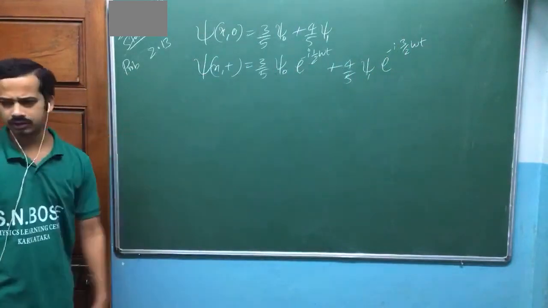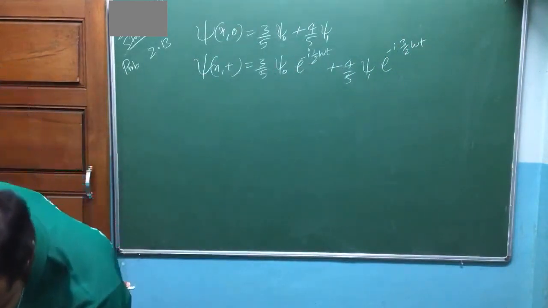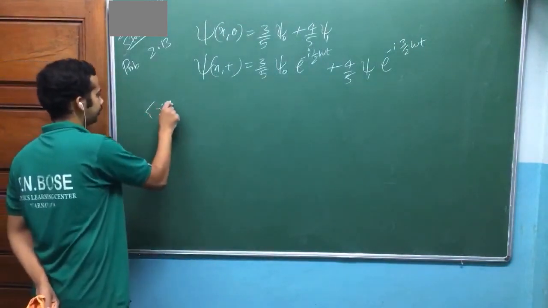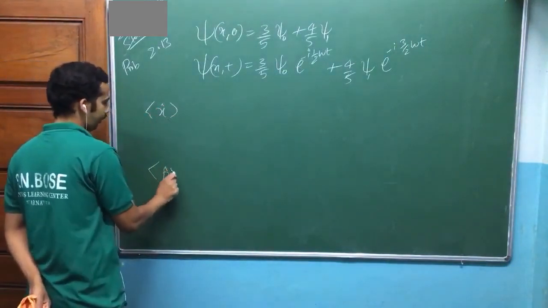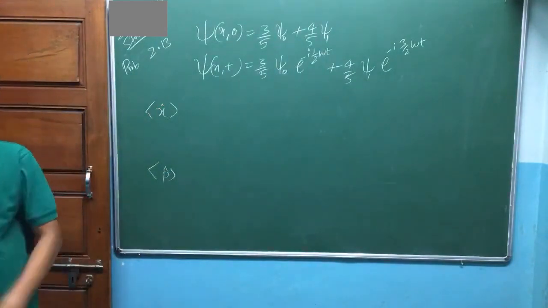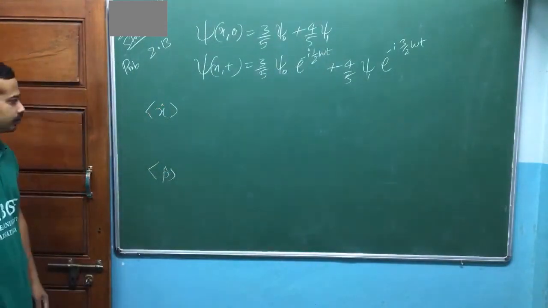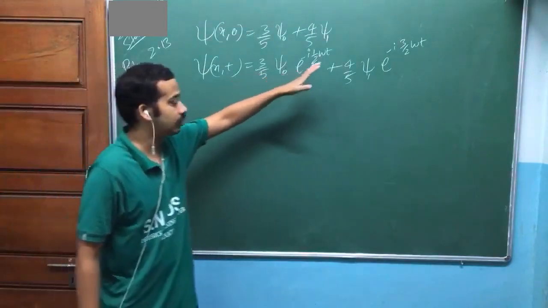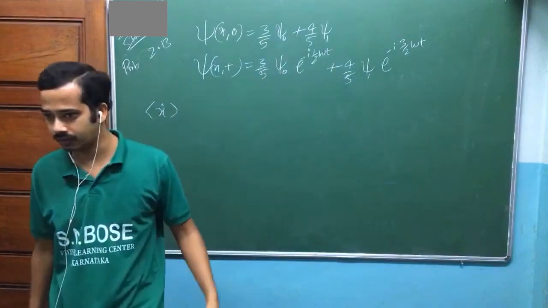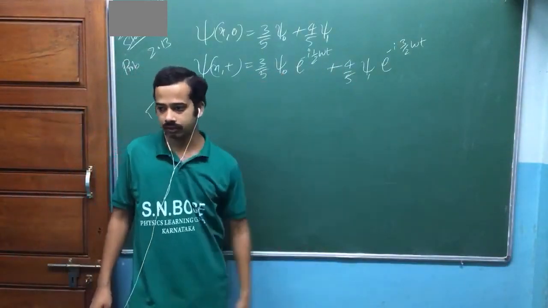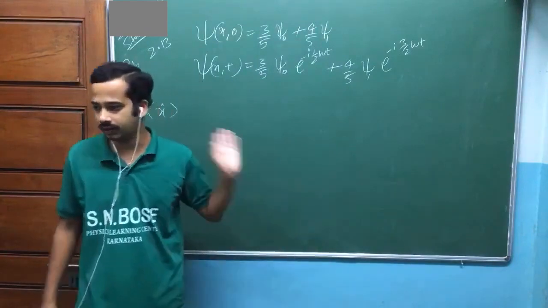Now you can find mod psi of x comma t the whole square and all, but when it comes to expectation x and expectation p, go for ladder operator. Don't go for any integral because it is quite lengthy. You need to remember psi naught and psi 1 normalized wave functions. You remembered psi naught, let me take it like that, but psi 1 would also be needed in this whole integration.